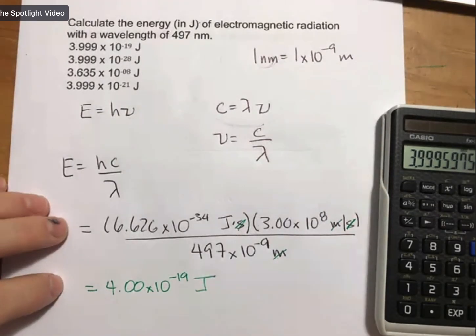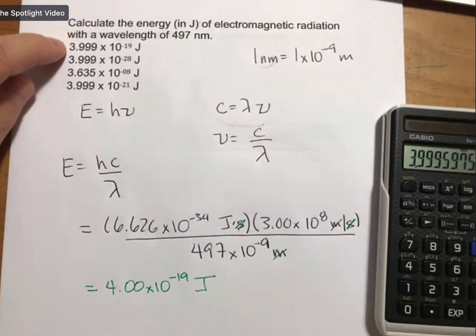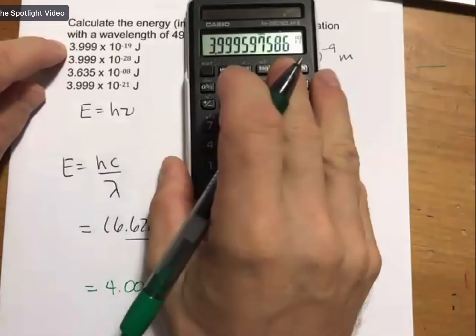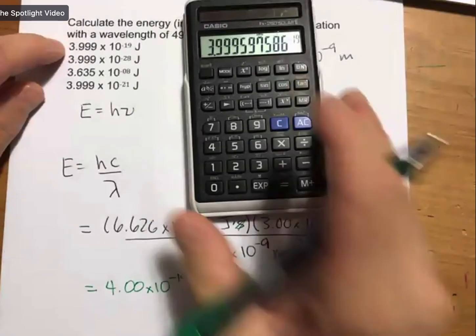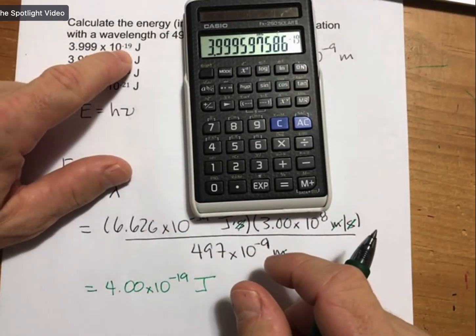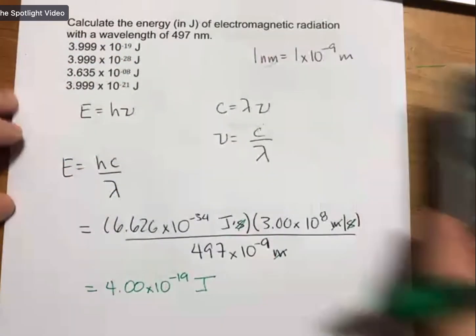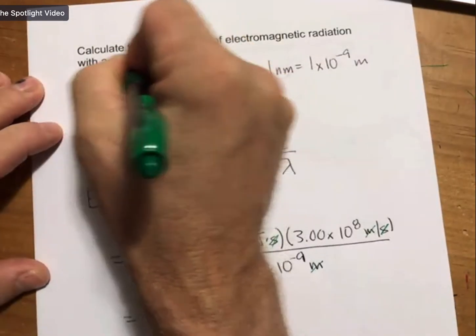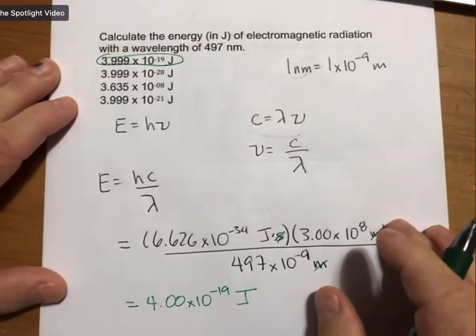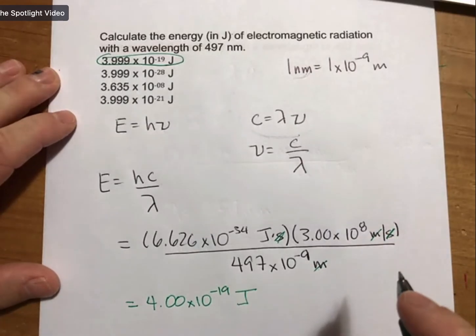That's typically how you would write it for a file upload style problem. But in here we do have 4 choices, and one of them does have a minus 19. This is a multiple choice question, and we can now determine which multiple choice it is. Any questions about that?